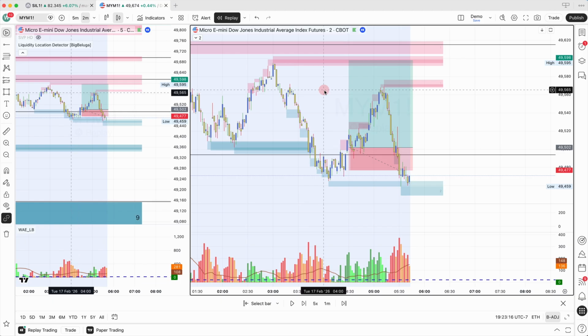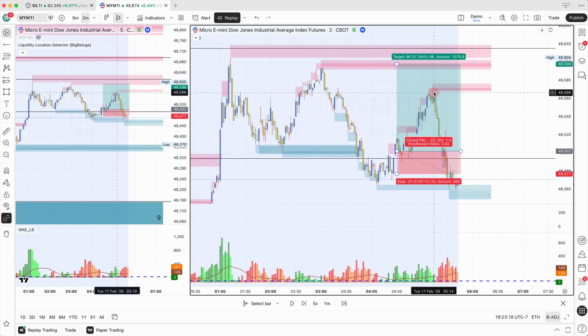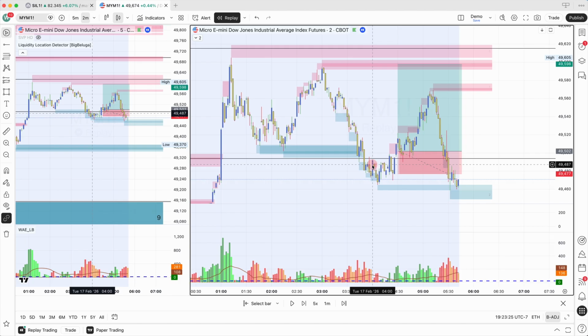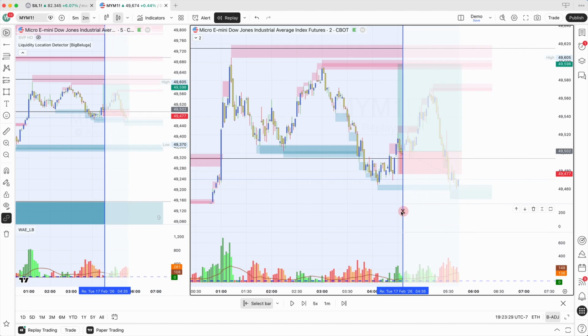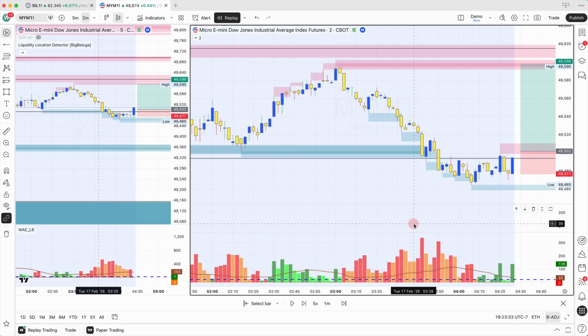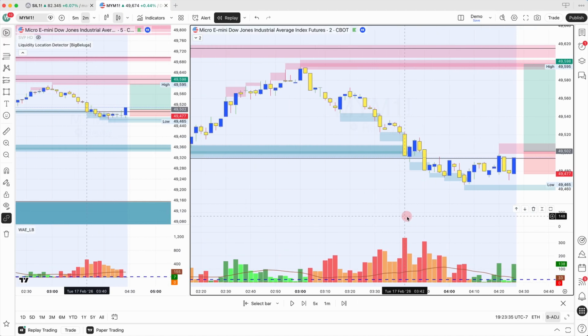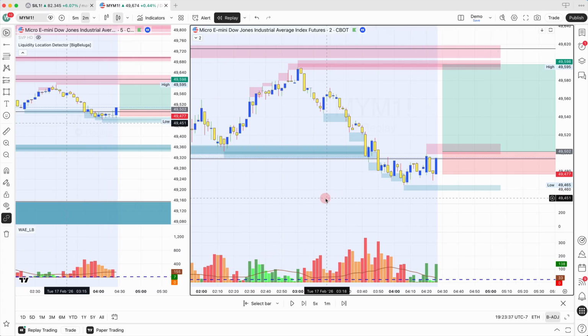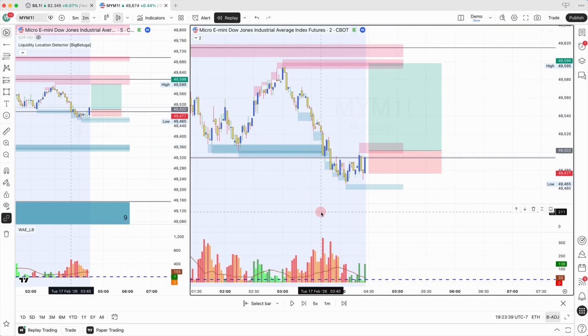Now I'm in a learning process here. So I want to know why did price come up there and not to the point where I thought it was going to go? I'm going to move my selector bar back to where I took my trade, and I want to look and see what the hey happened.